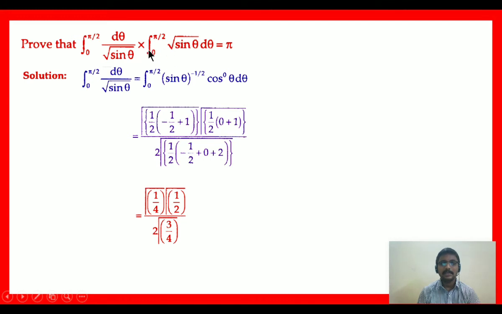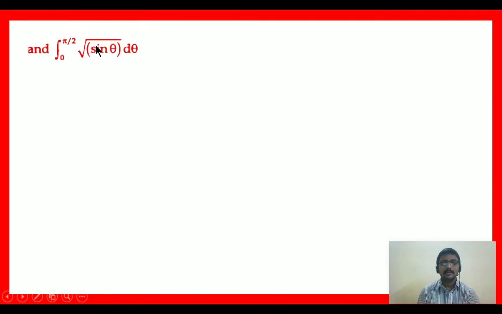Now computing the second definite integral in the same way. In the second integral, root of sine theta means sine power 1 by 2 theta. For our convenience we can write cos power 0 theta, because the comparison is easy. That is compared with integral 0 to pi by 2 sine power m theta cos power n theta d theta. What is m here?